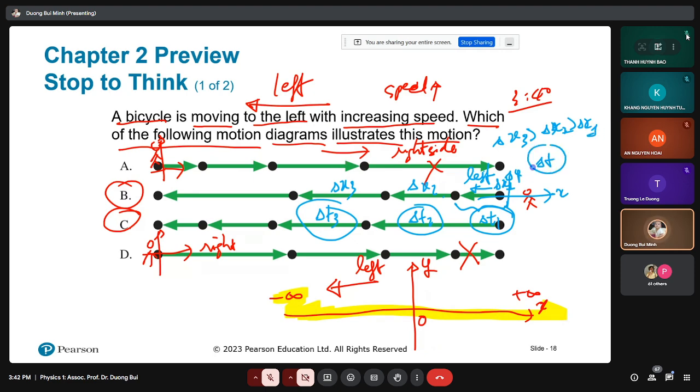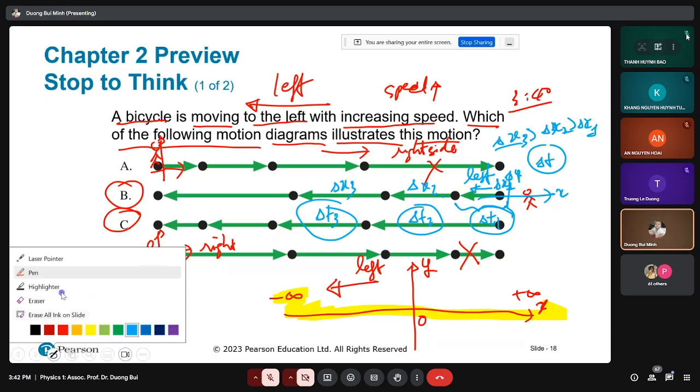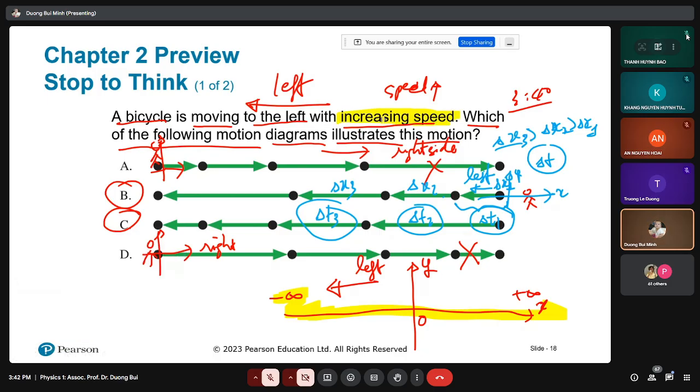Even though we have the same time interval, the displacement is longer and longer. That means the speed is increasing, right? The same time interval, but the displacement is bigger gradually.